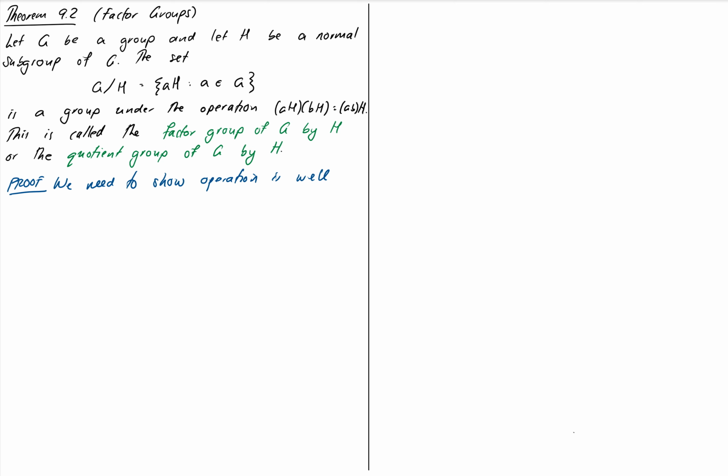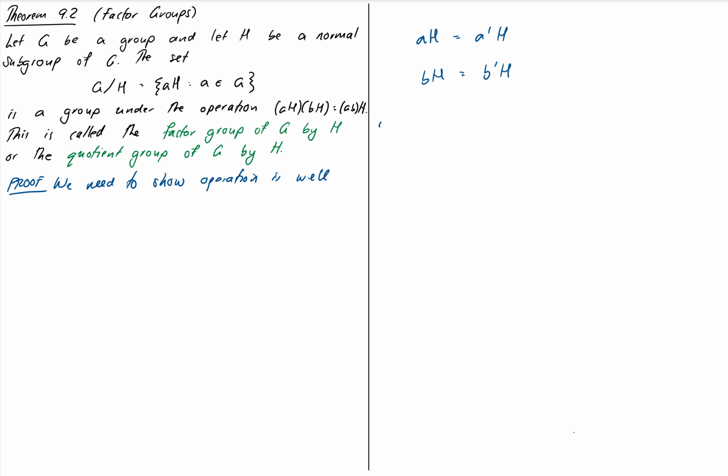Okay, so if I take these two sets, AH times BH, I know that if I take a different coset representative A prime, then AH equals A prime H, and BH equals B prime H. It doesn't matter which of the elements I choose from the coset to be the representative, I still get the coset.